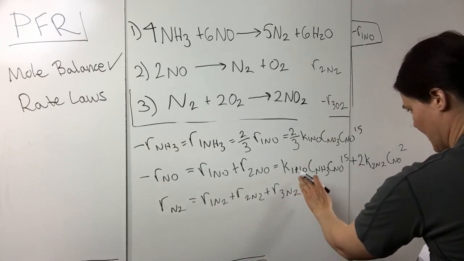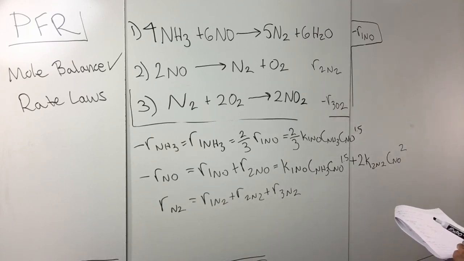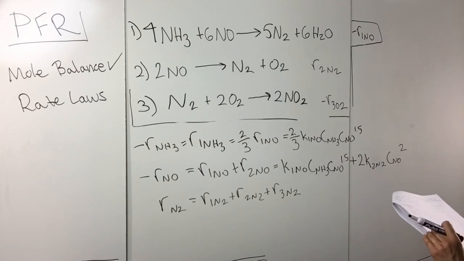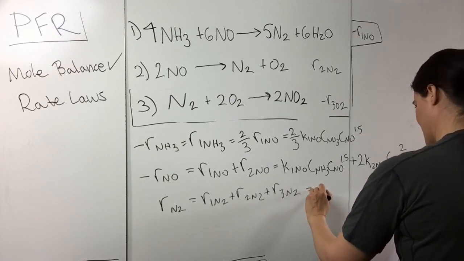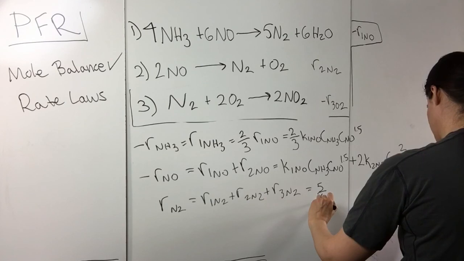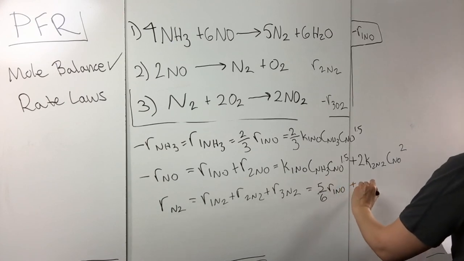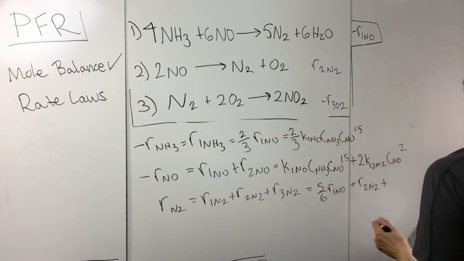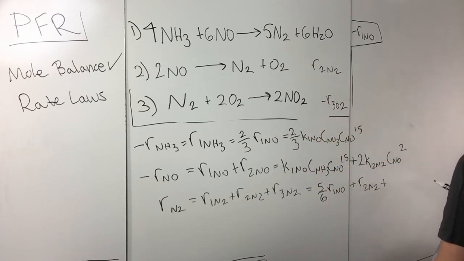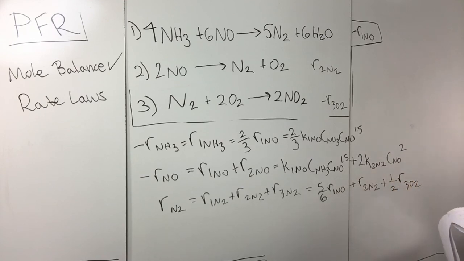I'm not going to continue writing all of these down, but you can see where I'm going. First of all we know what R2_N2 is, and then we had derived R1_N2, which was 5/6 R1_NO, plus R2_N2, which was given, and then R3_N2 was, let's see, where was that? 1/2 R3_O2.